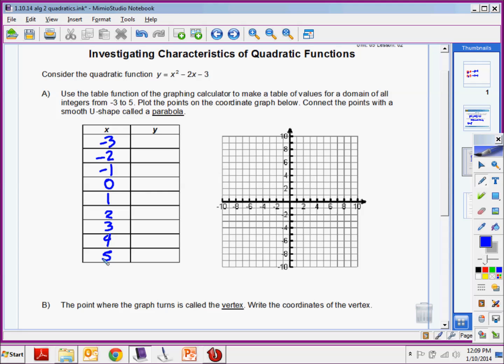Zero, negative 3. Go fill in 3. Wait, what are we supposed to fill in?